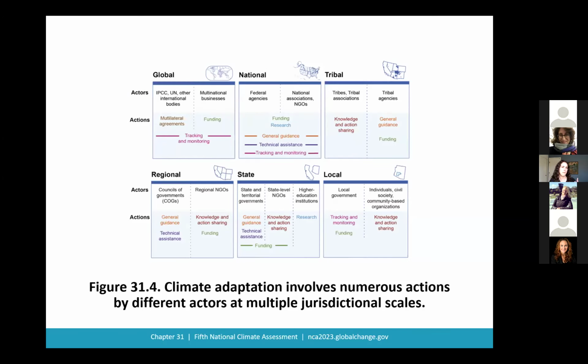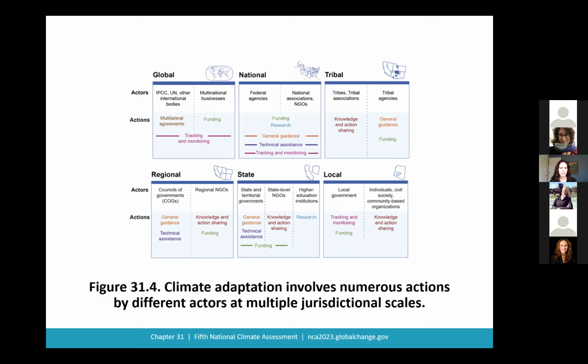So this is just a schematic of the many, many different types of organizations that are involved in making decisions about adaptation. And these range from the global scale, your UN, your IPCC, all the way down to hyper-local, local governments, local businesses, nonprofits, community-based organizations, and every other scale in between.